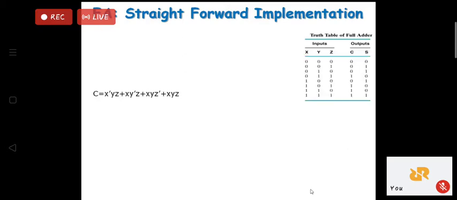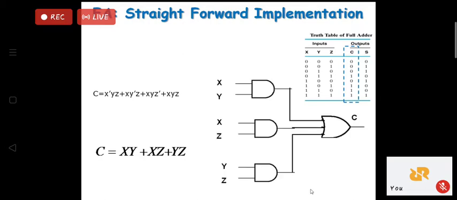And when we try to simplify, since K-map is not there, I have shown you the simplification by using Boolean laws. With that, the implementation comes like this. There is an XOR, and an addition of three terms, xy, xz, and yz. That's what I have drawn over here, and we have stopped here because students said let us digest this first and then we can move to the next point.